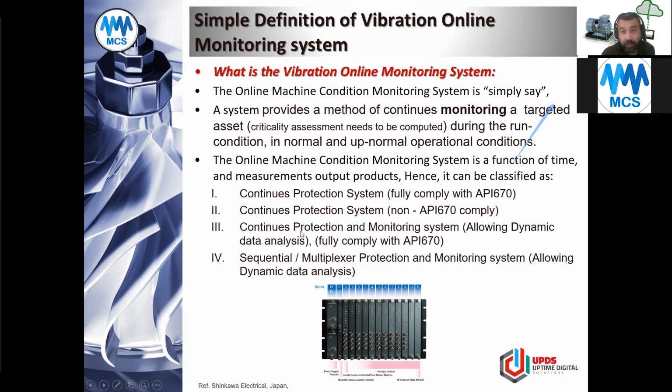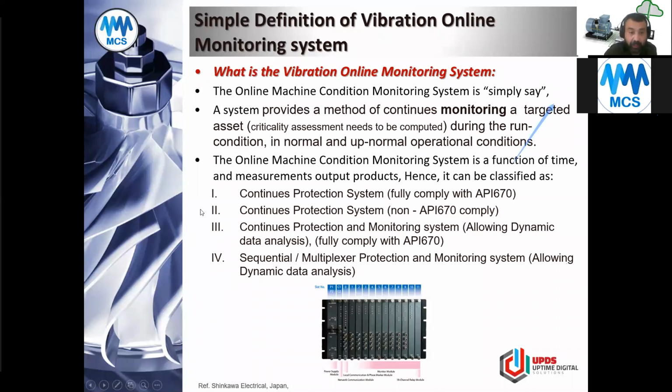Here we call it a VMS, or monitoring system, where you can protect your machine plus save data or products coming from the dynamic reading. The dynamic reading can be translated to useful analysis data, and this is very important. Let's say this is the bread and butter of the vibration online monitoring system.